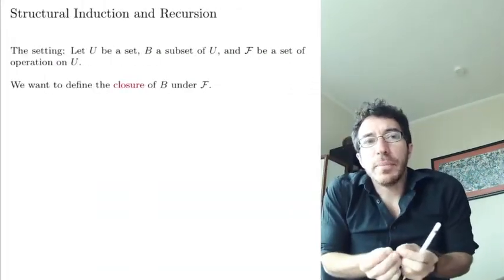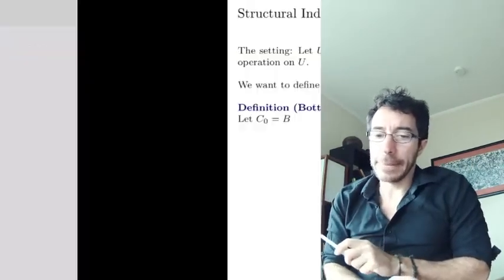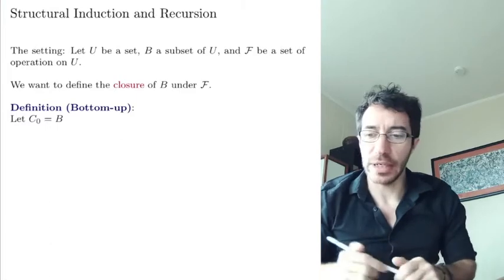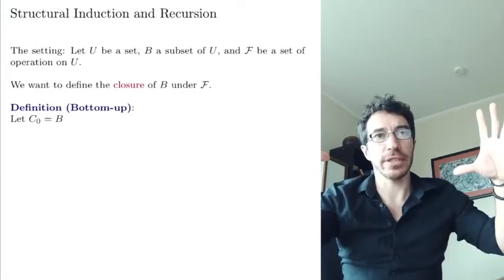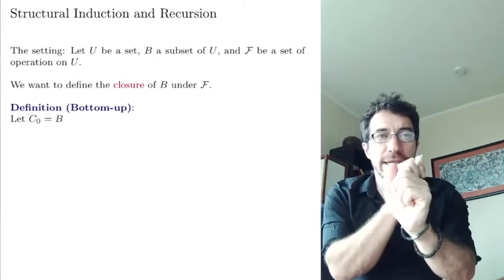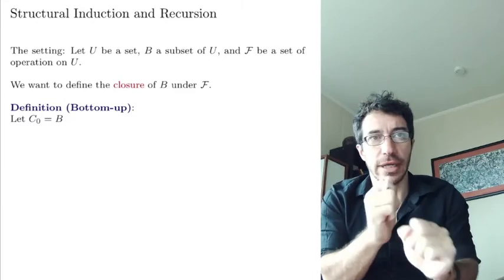Now we want to build from the bottom up. And how are we going to do this? Okay, so we have our universe U that is big, and inside there is a little B that we want to include, all these elements. We're going to start just from those elements.